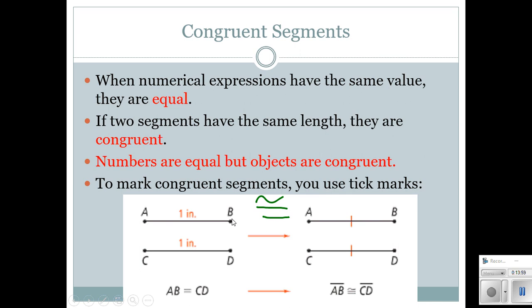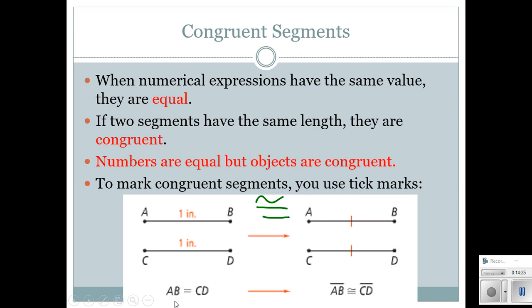So segment AB and segment CD, they are both 1 inch, so that's equal to each other. When you have objects like this with the tick marks, you use congruent. So segment AB and segment CD are congruent. So what's the difference between equal and congruent? Numbers are equal.